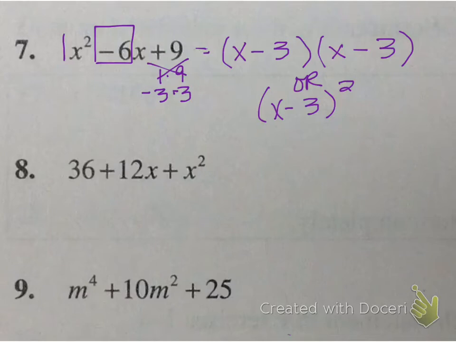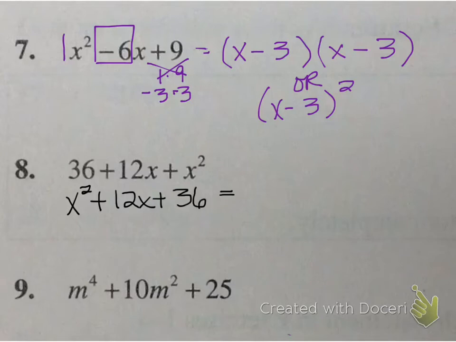Number 8, again, we can factor the same way we've been factoring. Keep in mind, we like for our terms to be in descending order. So I would rewrite this as x squared plus 12x plus 36.